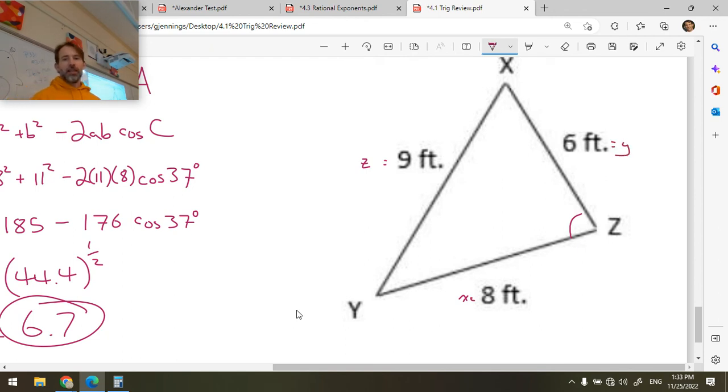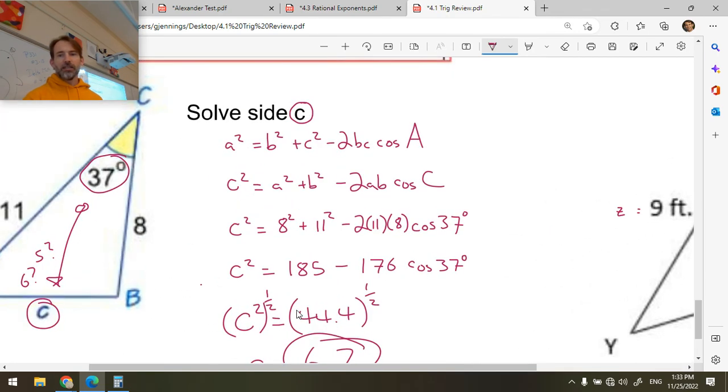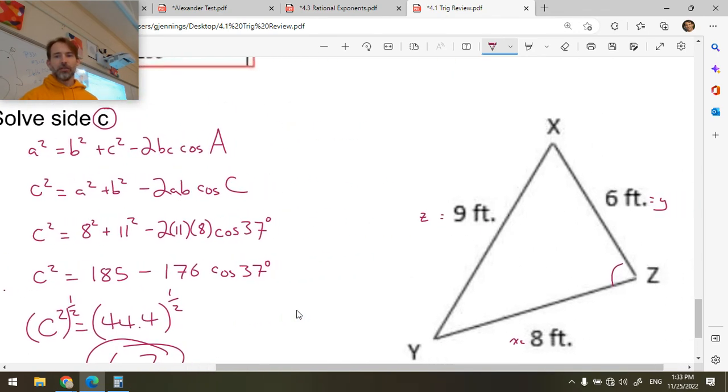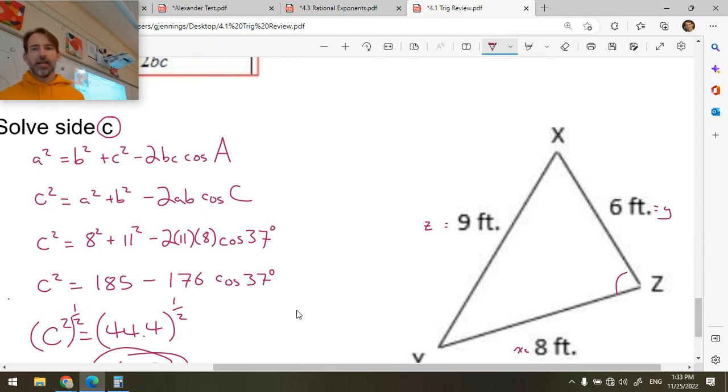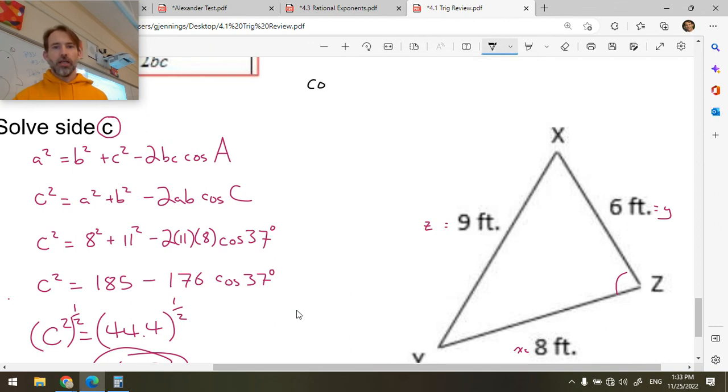All right. And then we're going to go ahead and get lots of paper here so that we can do our formula up nice and high. And we're going to have cosine, I'm going to do this in black. Cosine of z is equal to a squared plus b squared minus c squared.